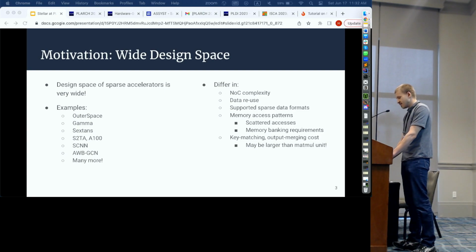There are lots of very diverse sparse accelerator architectures, and they tend to come with very different trade-offs for data reuse, hardware complexity, memory access patterns, or even just the ratio of functional units to the peripheral circuitry that's shuffling data around. But because these accelerators are so diverse, it's hard to understand exactly why they have such different trade-offs, right? It can be hard to find accelerators which change only a single design component from another accelerator so that they can be fairly compared.